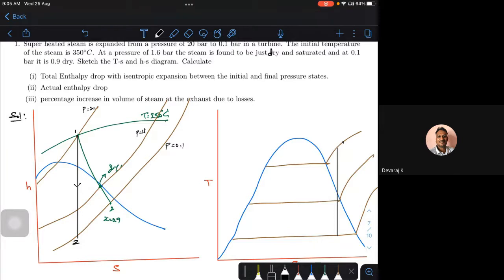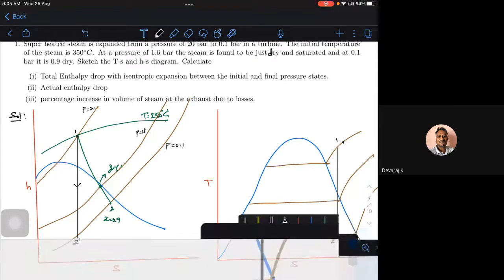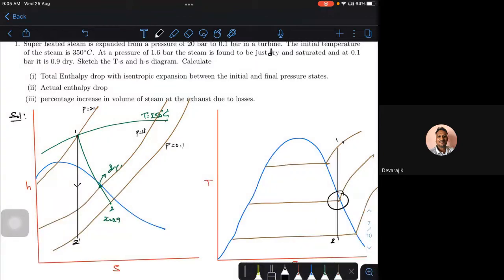What I'm going to do, it is actually 1 to 2 dash. So 1, this is your 2 dash. And at this particular point, it is once again dry saturated, and here is dry saturated. Now, if I try to draw an actual condition, it will be something like this.